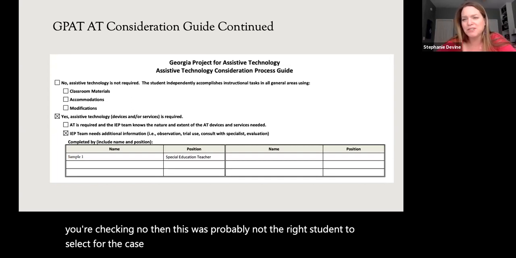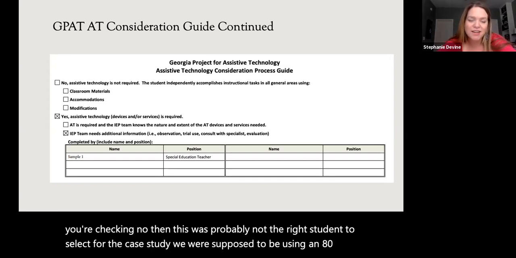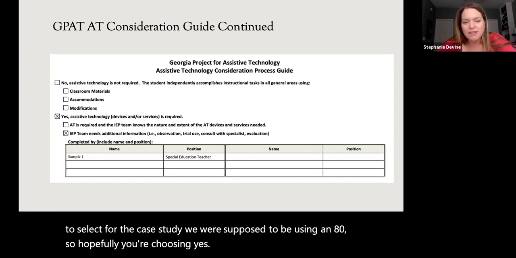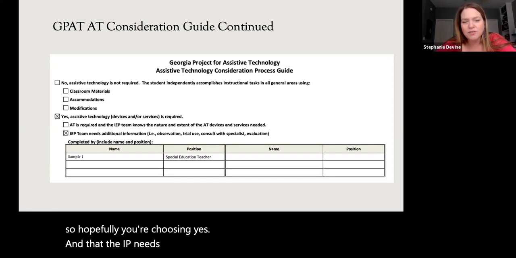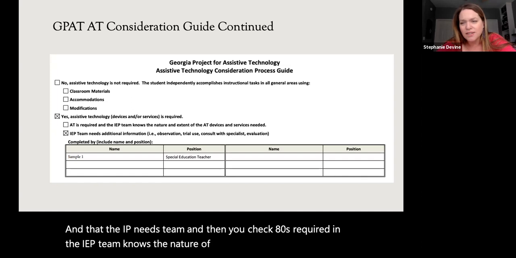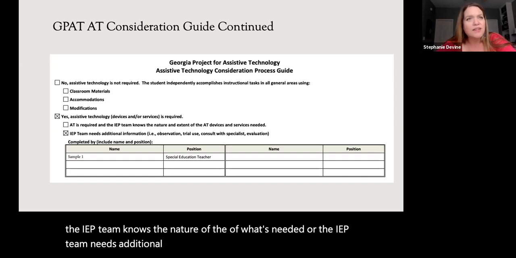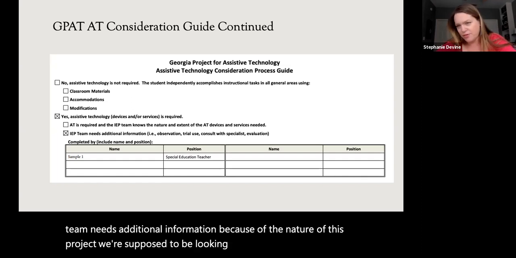We're supposed to be using an AT, so hopefully you're choosing yes. And then you check AT is required and the IEP team knows the nature of what's needed, or the IEP team needs additional information. Because of the nature of this project, we're supposed to be looking at getting more information. So that's the one you'd want to check.